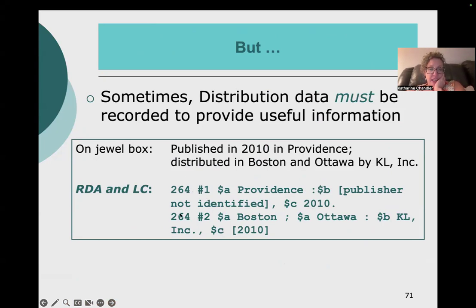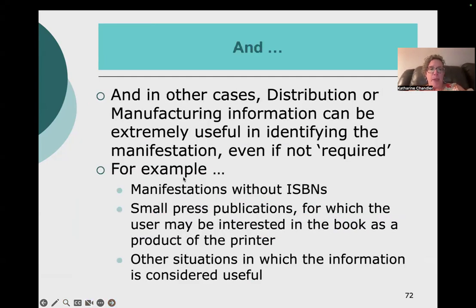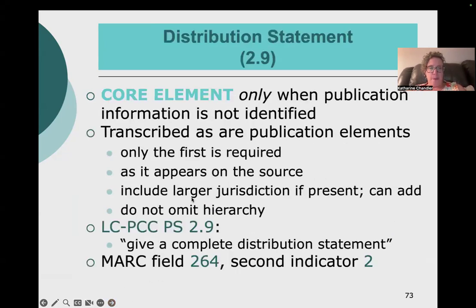In this case, you do the 264, but instead of a 1, you put a subfield 2 and do it like this. And it has to be distribution, not publishing data. So that has to be very specific. And in other cases, distribution or manufacturing information can be extremely useful: manifestations without ISBNs, small press publications, and other situations in which the information is considered useful.